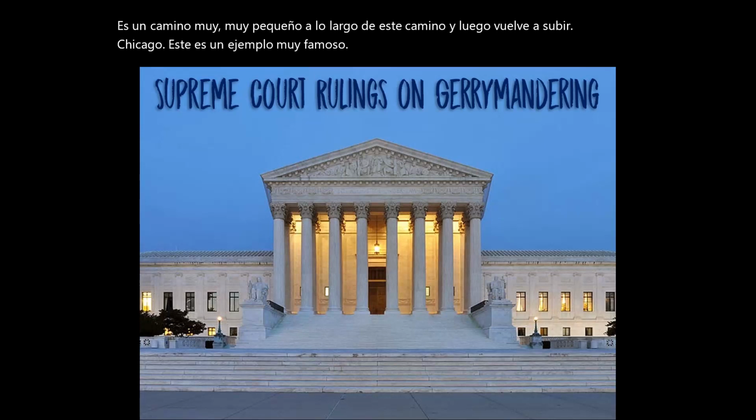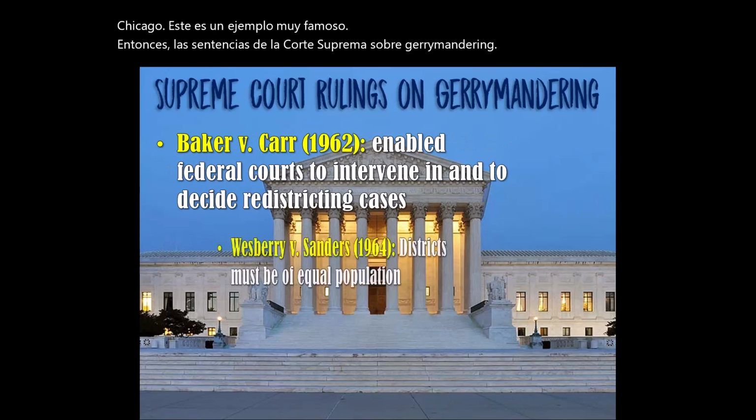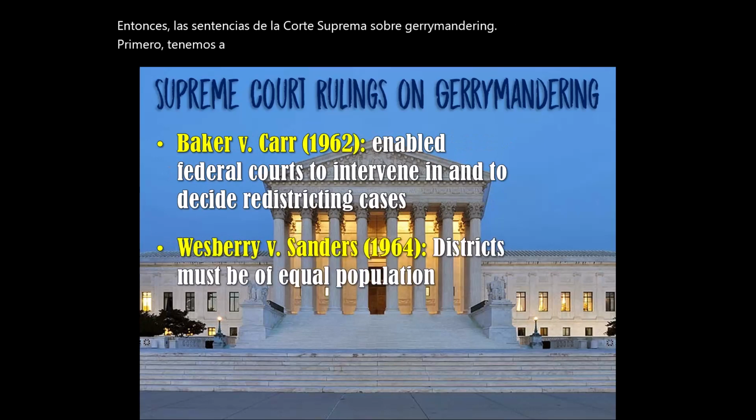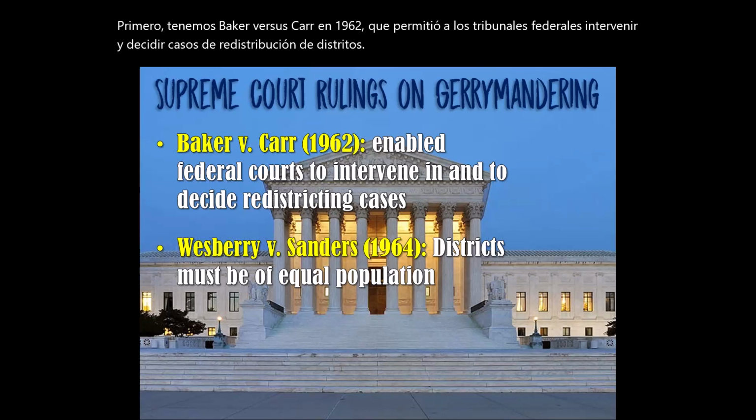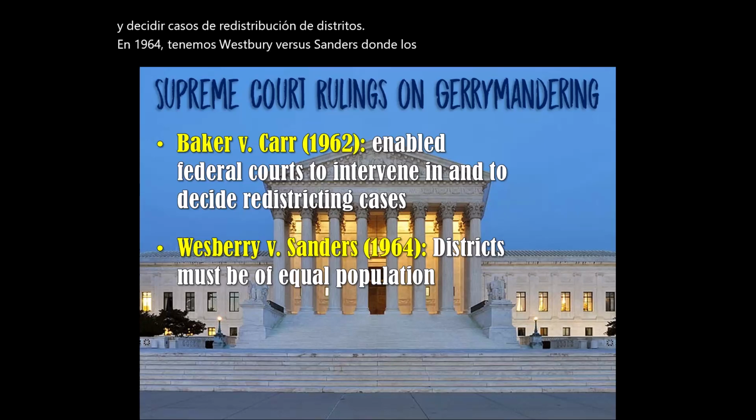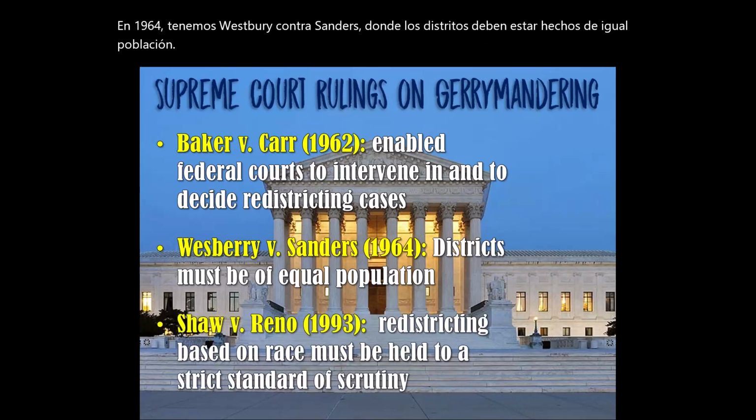So, Supreme Court rulings on gerrymandering. First, we have Baker versus Carr in 1962, which enabled federal courts to intervene in and to decide redistricting cases. In 1964, we have Wesberry versus Sanders, where districts must be made of equal population. And Shaw v.